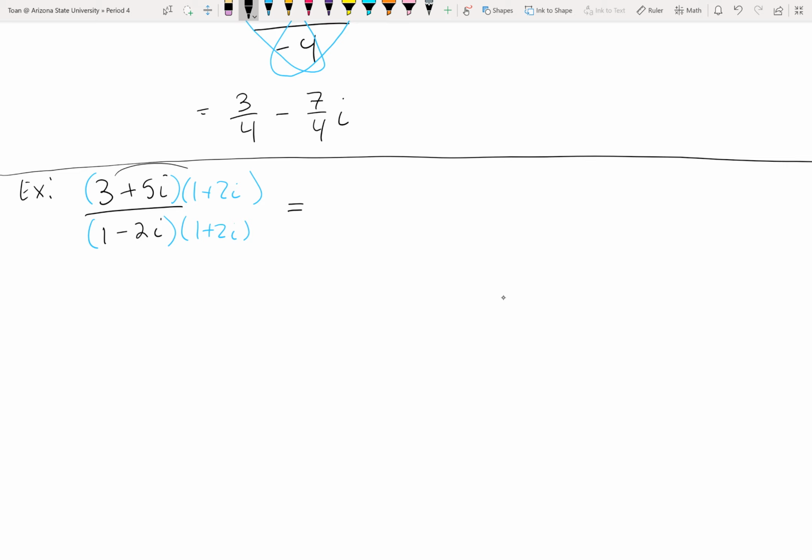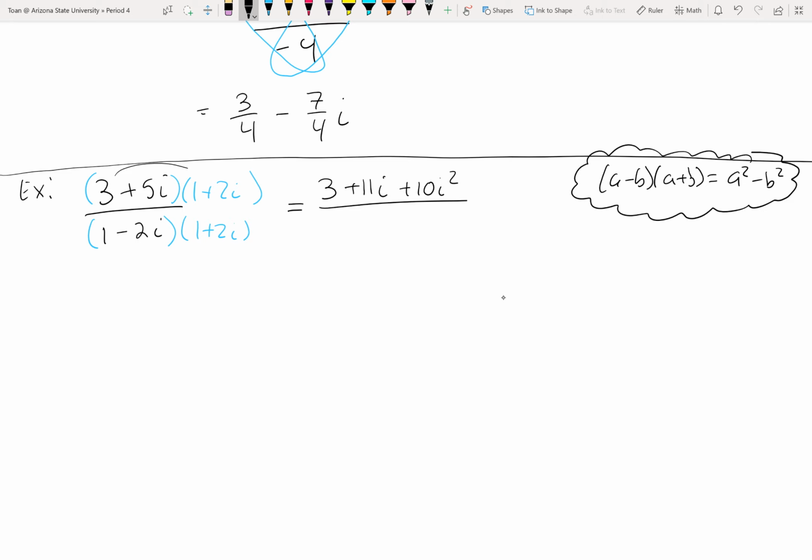So that's going to be a 3. 6i plus 5i is an 11i plus 10i squared over, and now in the denominator, you shouldn't have to FOIL. You should know that the product of two conjugates is the difference of the perfect squares. So in the denominator, I don't need to FOIL.